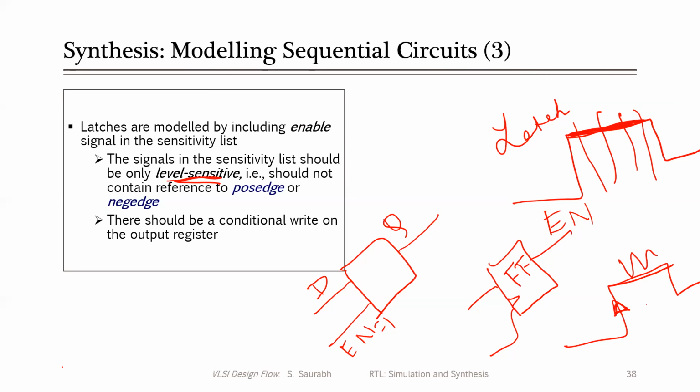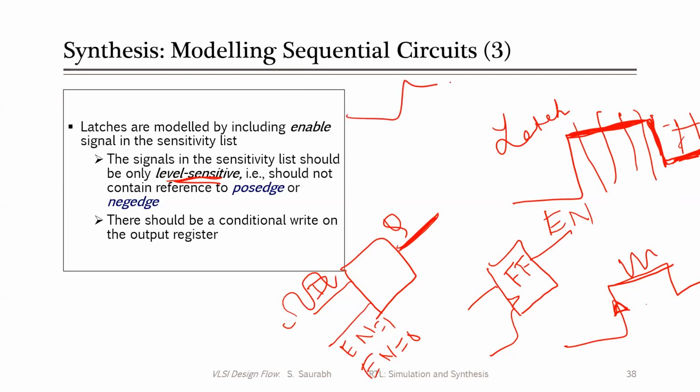So if in the latch enable is equal to 0, in this region, the old value will be retained. It is a kind of memory element. Whenever enable is equal to 0, whatever Q was there will be retained, even if D is changing within this time frame.